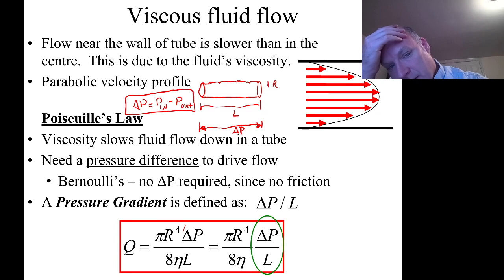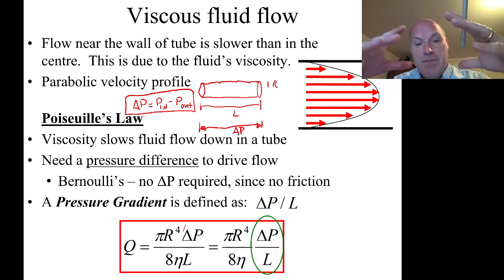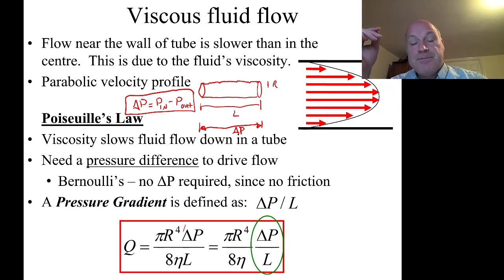So is there anything else? No, there's the radius and the length. Those are the geometric parameters that describe it. Delta P is the pressure difference from one end to the other, and Q is the flow rate.